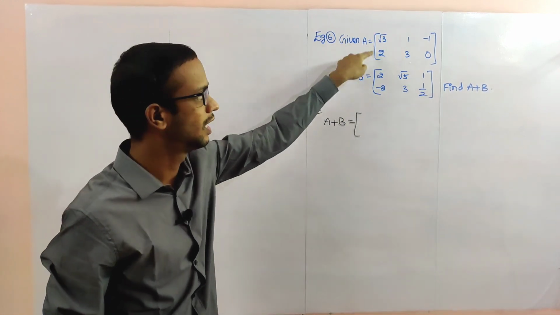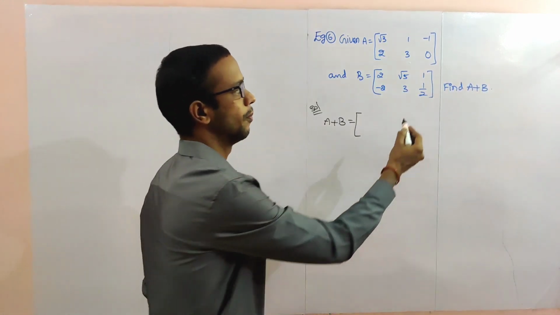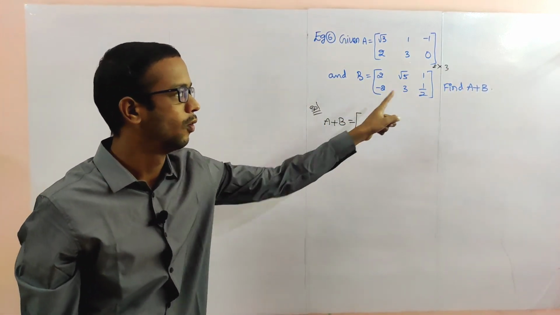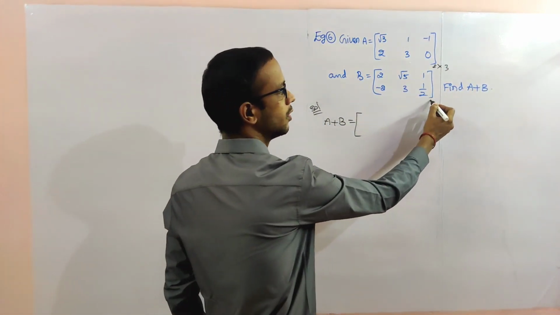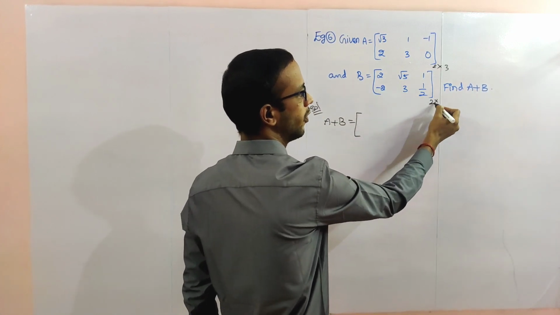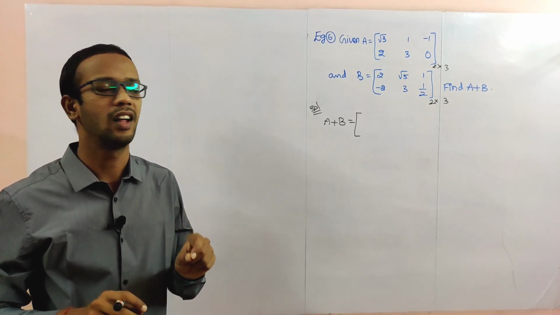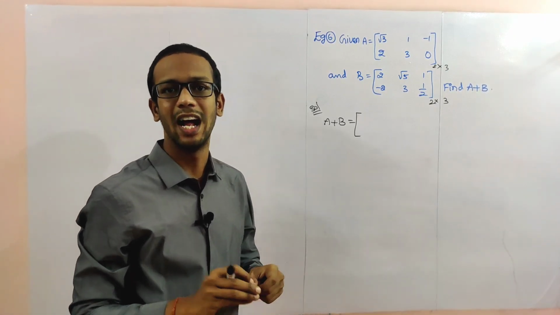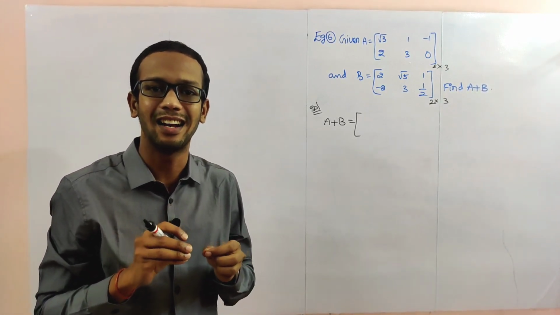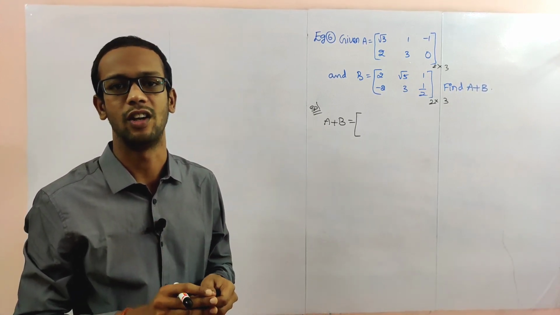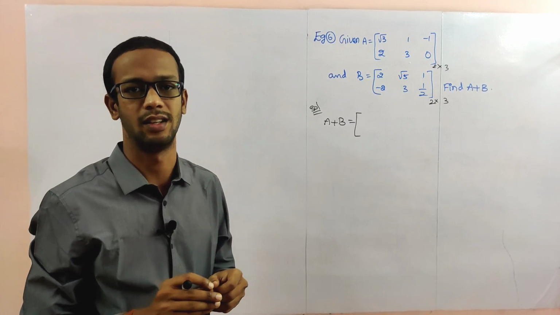So matrix order is 2 by 3. Next here also 2 rows, 3 columns. Matrix order is the same, so we can do the addition. If matrix order is not equal, we can't do the addition. Addition does not exist at that time.